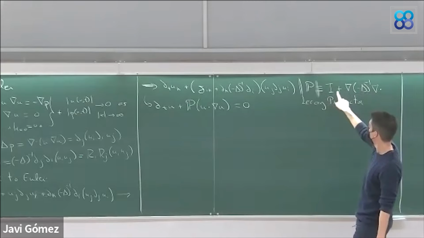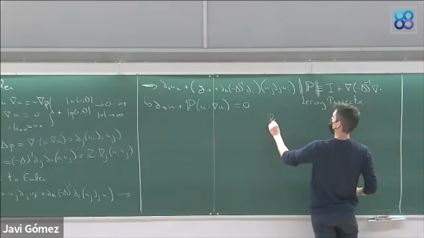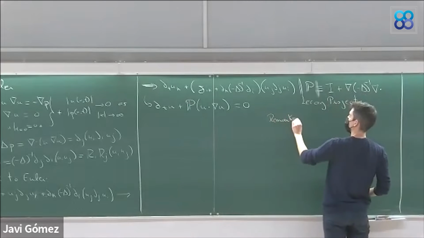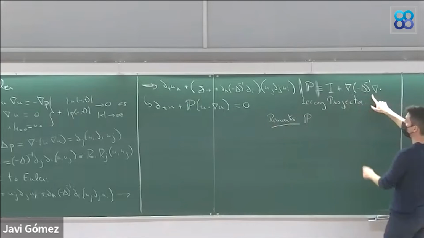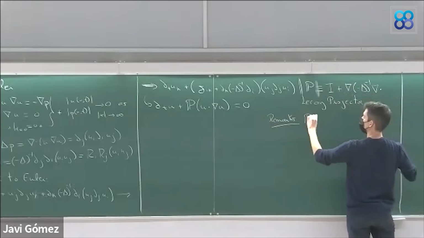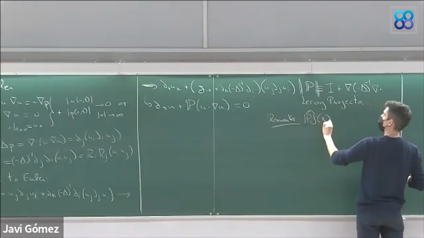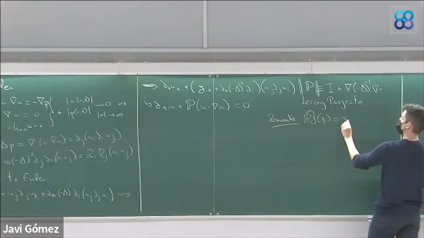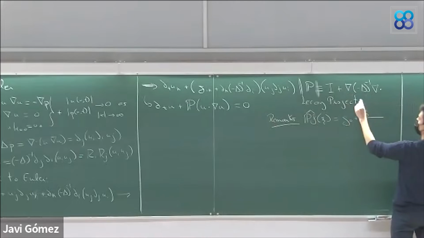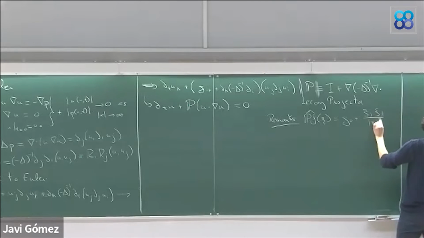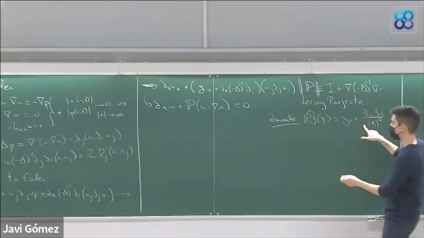And from this expression, some remarks that we will use many times today. This is a Fourier multiplier of order 0. So this is the identity. Because it's a Fourier multiplier of order 0, it commutes with derivatives.